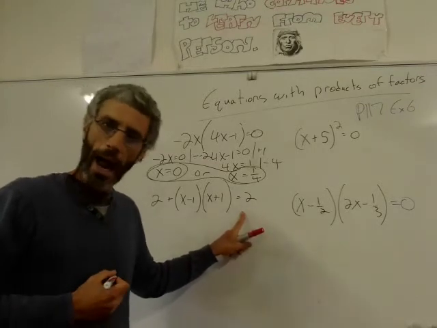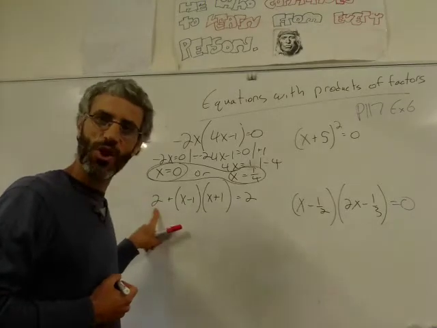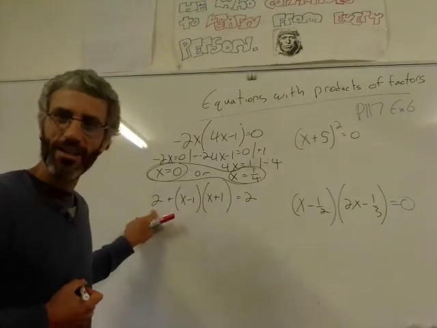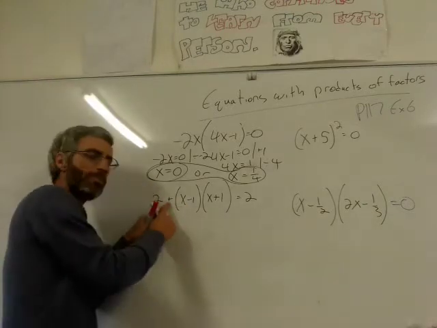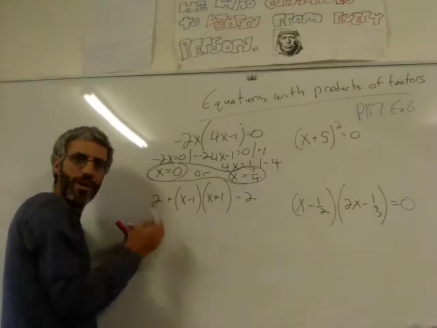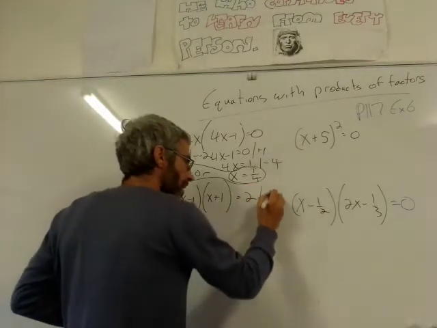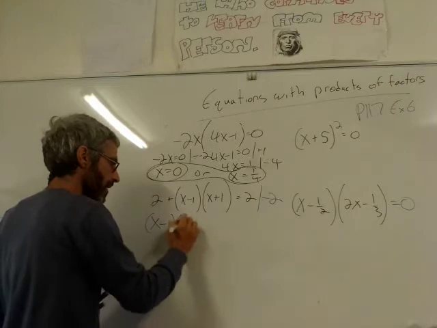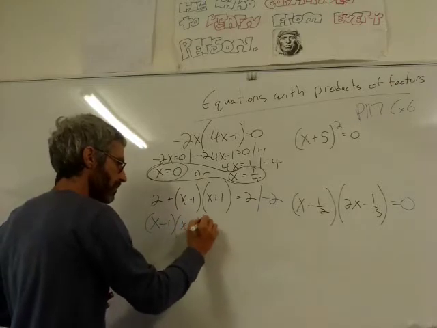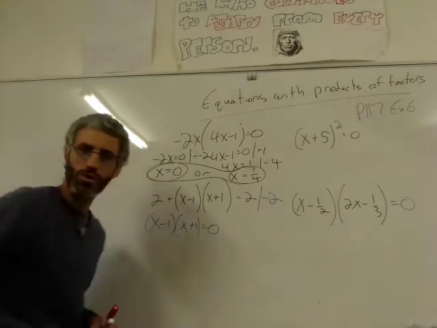How do I do that? I've got a 2 on this side, so I've got to get rid of that anyway. We don't have a multiplication of factors because we have also a plus. So we got to get rid of that 2. How do you do it? I do minus 2. So then I'm going to write x minus 1 times x plus 1 equal, what is 2 minus 2? 0.